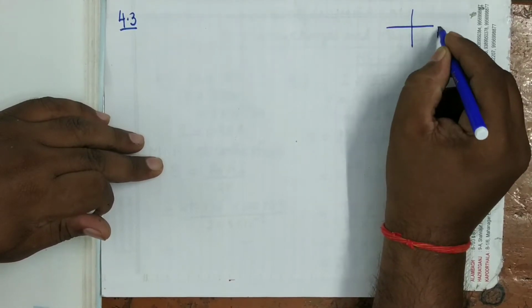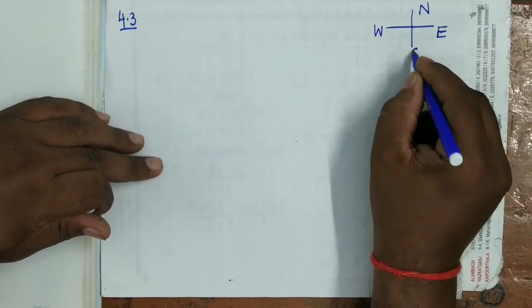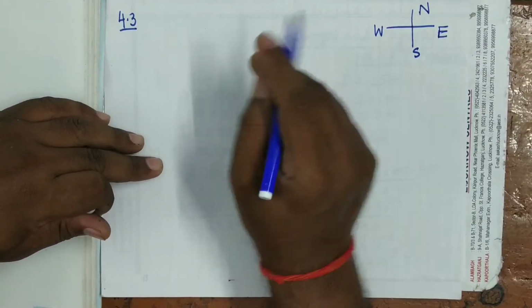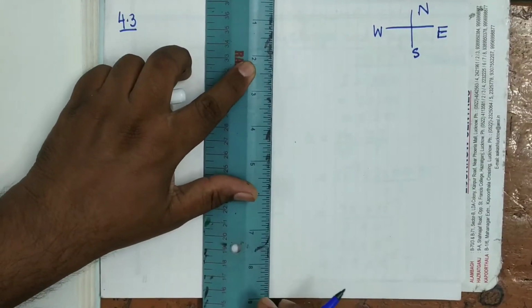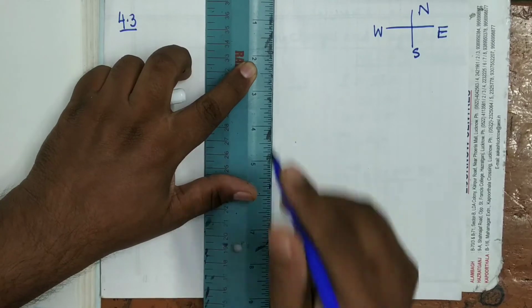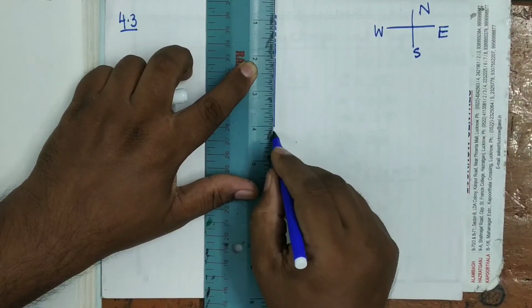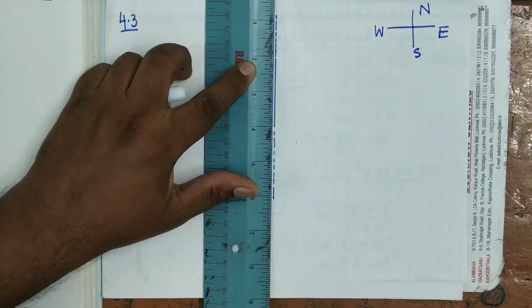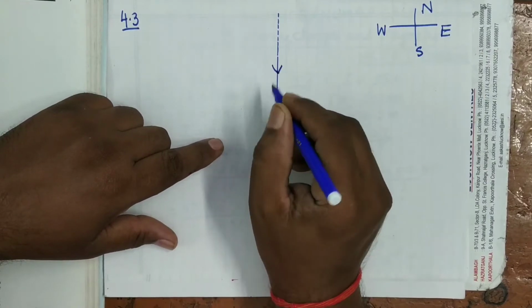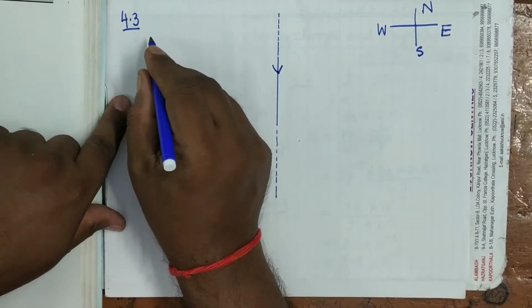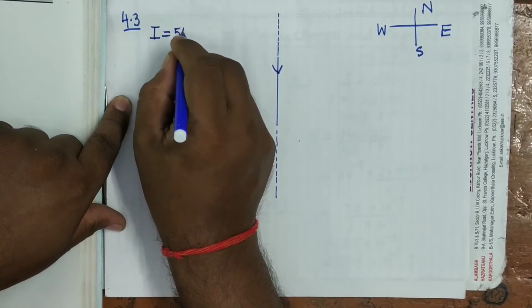You remember that this is east, this is west, this is north and south. And here it is carrying current in what direction? From north to south. It is a long wire, it will be something like this. Just now in 4.2 we have used it carrying the current in this direction. And how much current does it carry? I equals 50 ampere.